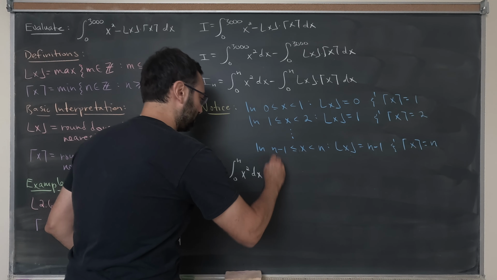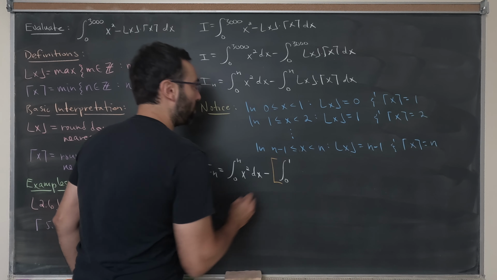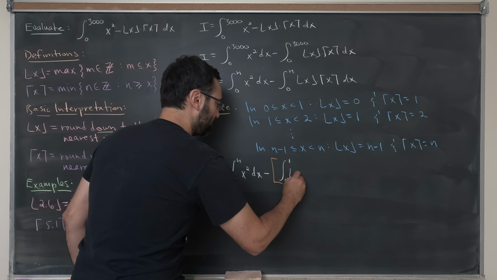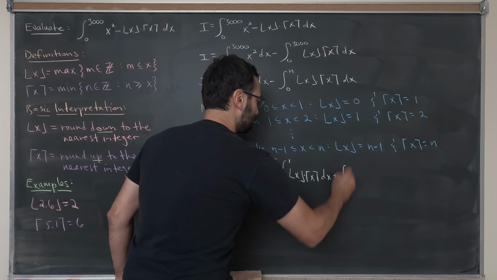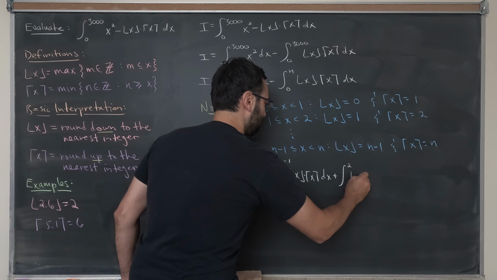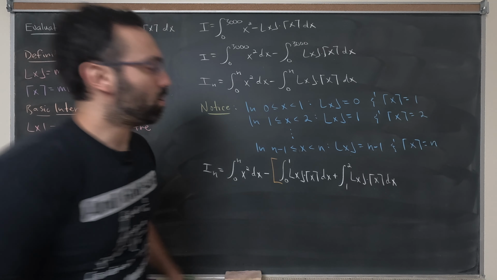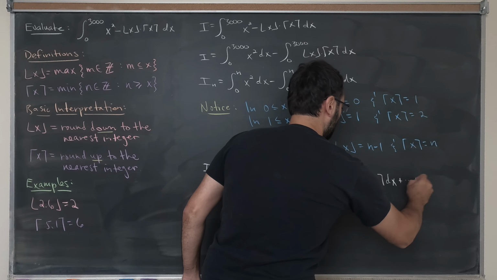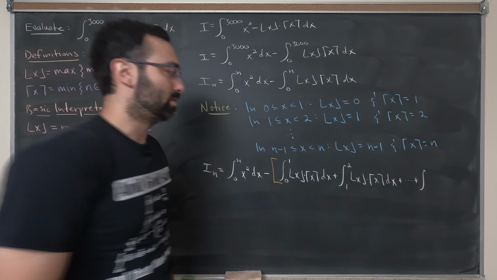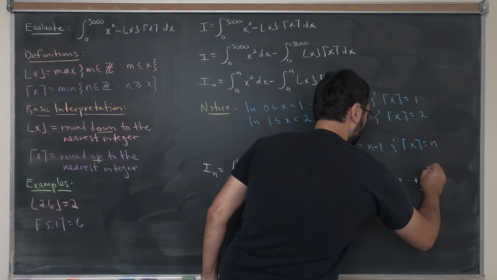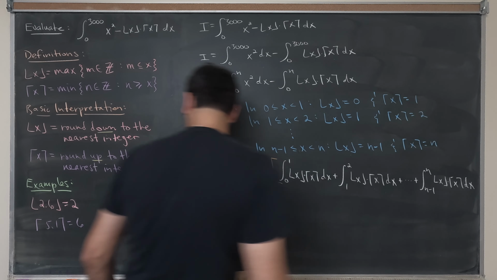Well, we'll have the integral from 0 to 1 of the floor of x times the ceiling of x dx, plus the integral from 1 to 2 of the floor of x times the ceiling of x, plus all the way up to the integral from this last interval, n minus 1 to n, of the floor of x times the ceiling of x dx.